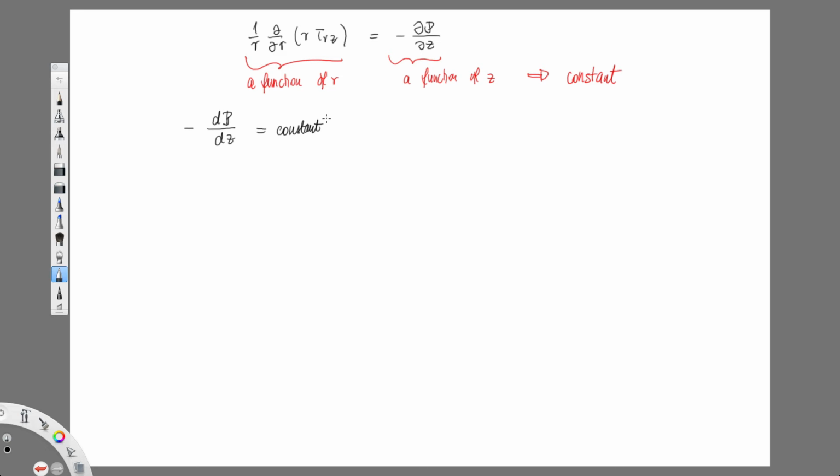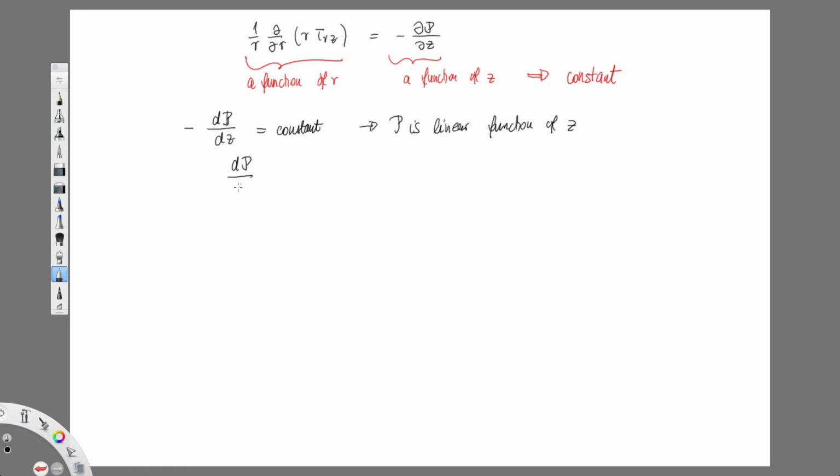Okay, it's the simplest function I could have. And that's something that you're probably already familiar with, right? That my pressure is a linear function.